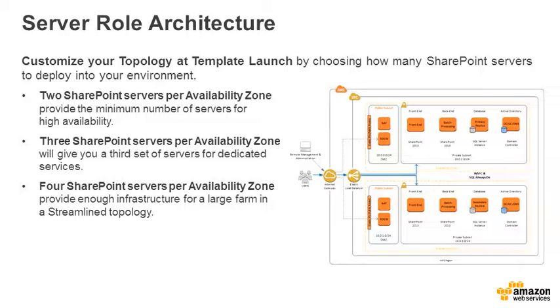That's when you start to move into the streamlined model, but not completely. You still have a compressed footprint across the servers, but you do have an extra layer for maybe some isolation of particular workloads. And then when you get into a full streamlined model, you would choose 4 SharePoint servers per AZ. And there, you have enough infrastructure for a larger farm.